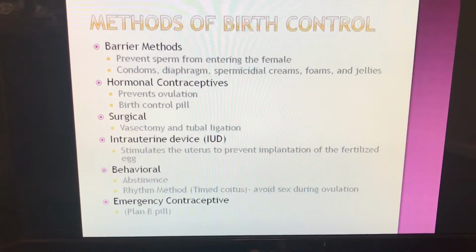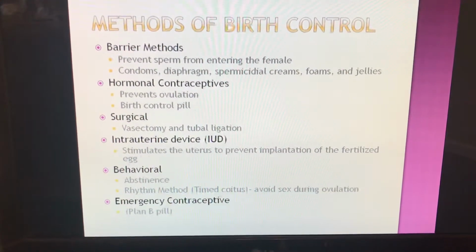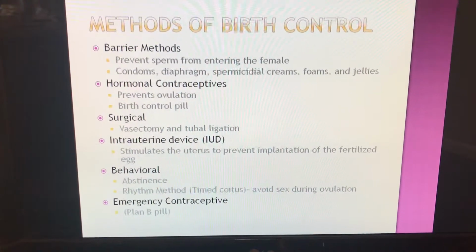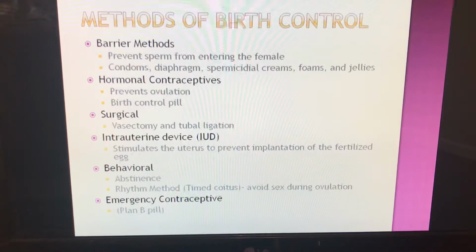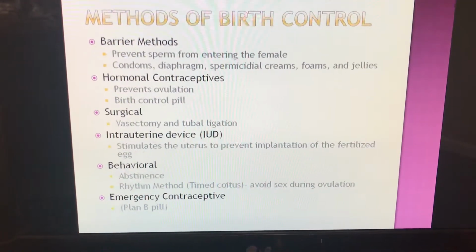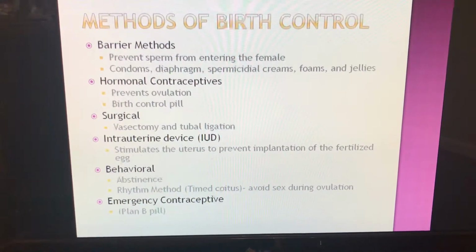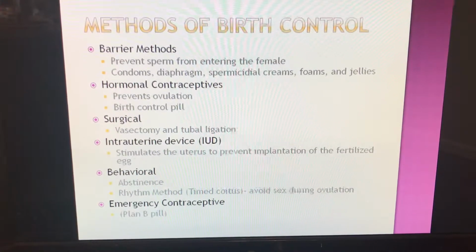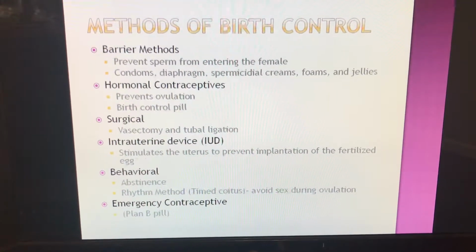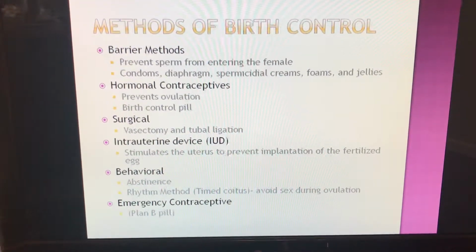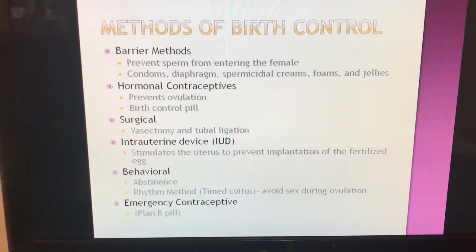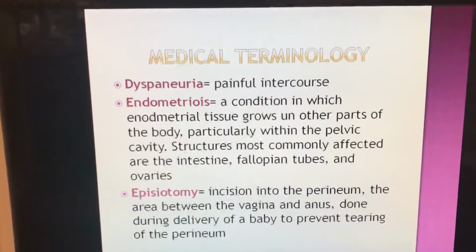You have the IUD. It stimulates the uterus to prevent implantation of the fertilized egg. You have behavioral methods such as abstinence, not having sex at all, or the rhythm method, which is also the time coitus, and this is where you avoid sex during ovulation. And then you have emergency contraceptives such as the Plan B pill.